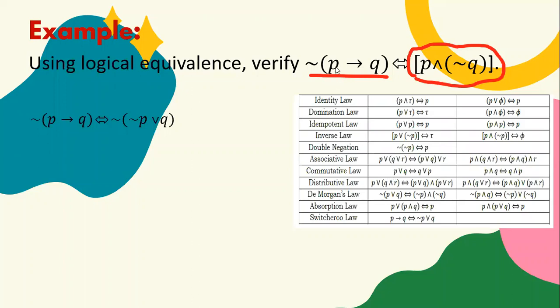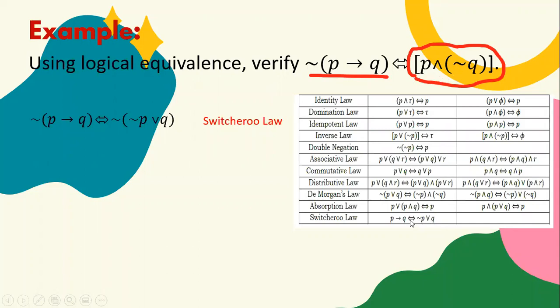So basically, kapag may if-then statement, dito po siya papasok. So meaning we need to use the Switcheroo law. Okay? Switcheroo law, which means that this one, if P then Q, is equivalent to the negation of P or Q. Okay? Hindi mo na gagalawin itong may bilog po ha.